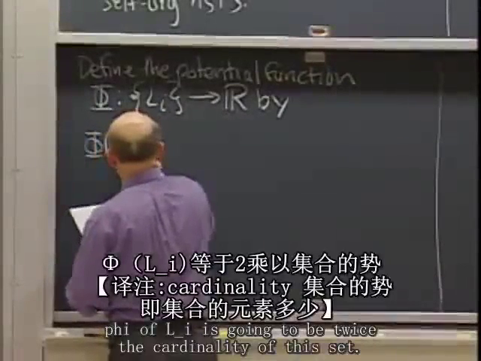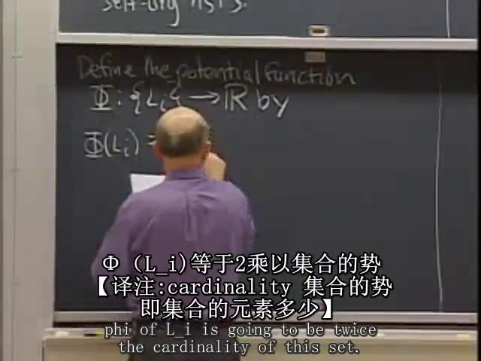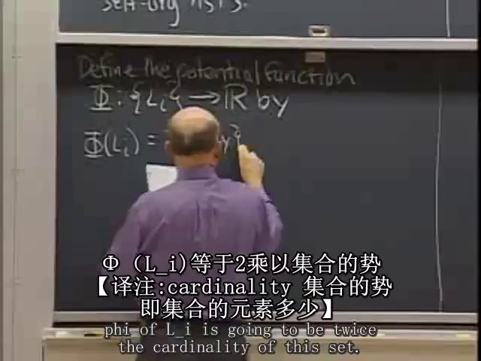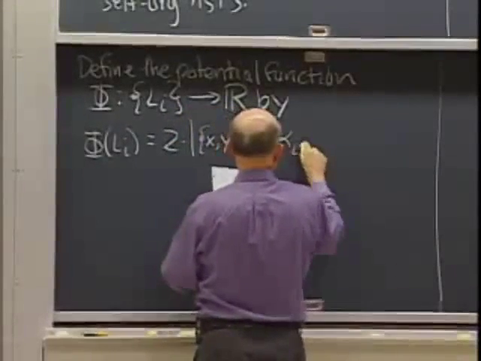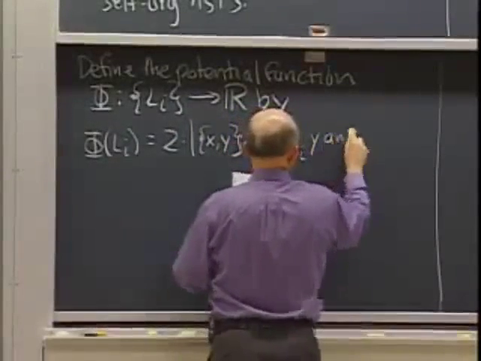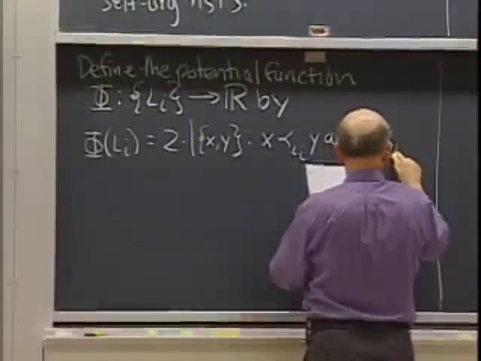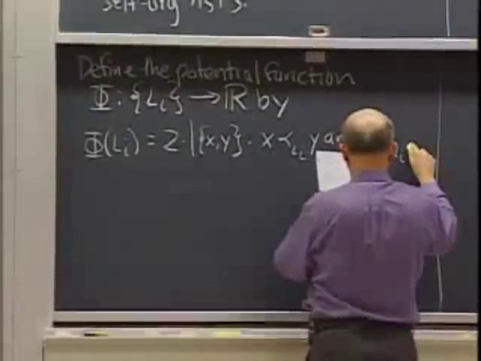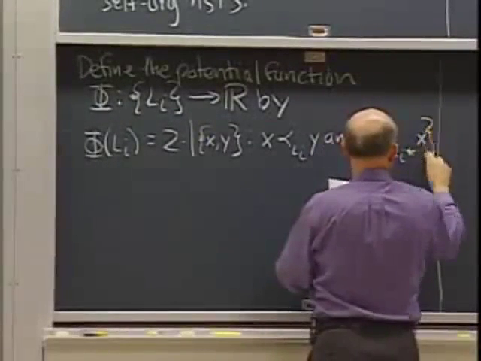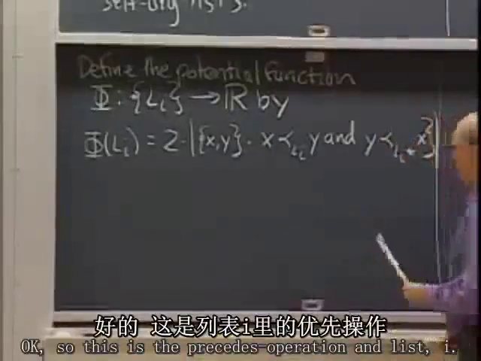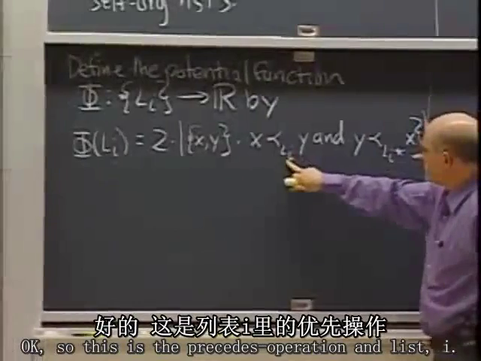Phi of L sub i is going to be twice the cardinality of this set. Okay, so this is the precedes operation in list i.